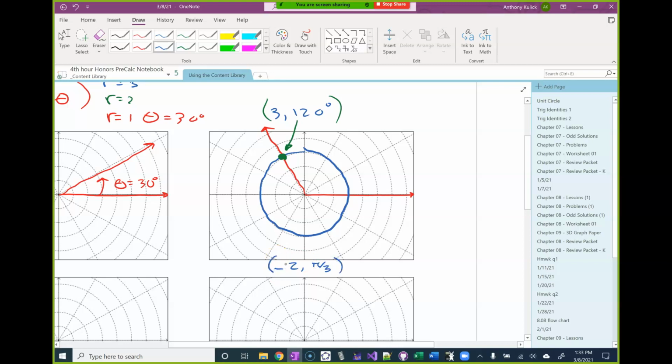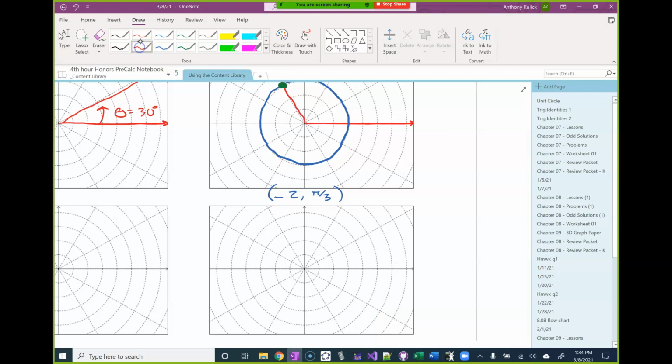What would I mean if I have a radius of -2? In this case, I'm still going to be using the circle with radius 2, and I'm still going to find my angle pi over 3. Note that pi over 3 is 60 degrees.